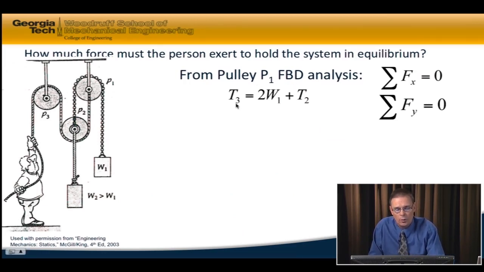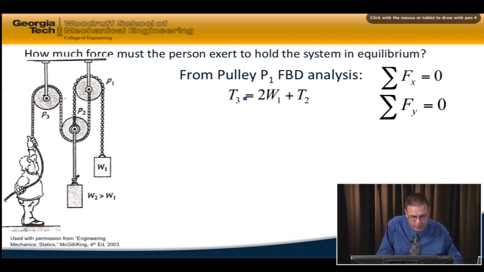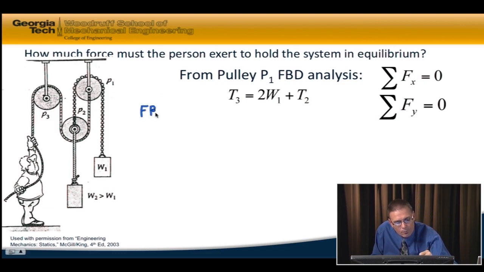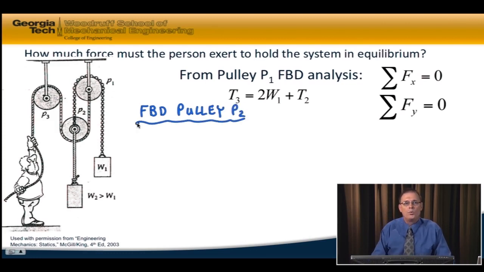I arrived at the equation T3 equals 2W1 plus T2, so one equation, two unknowns. Now let's do a free body diagram of pulley P2. In fact, I'd like you to take a few minutes on your own and draw that free body diagram and then come back and we'll do it together.